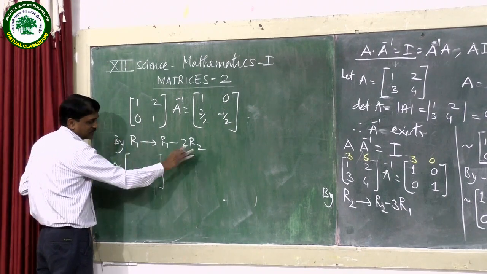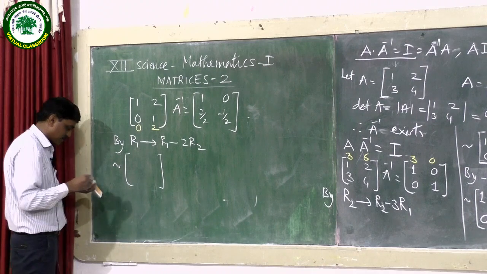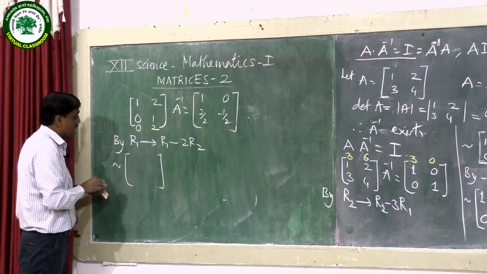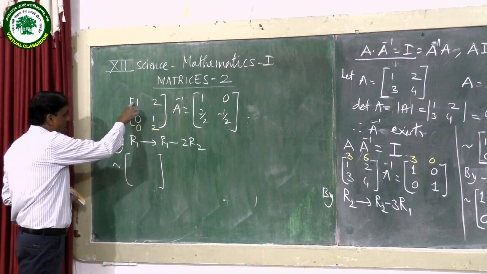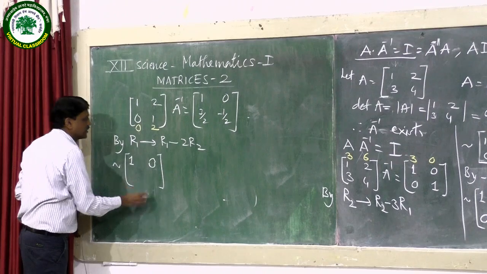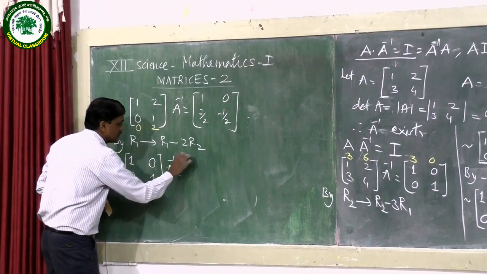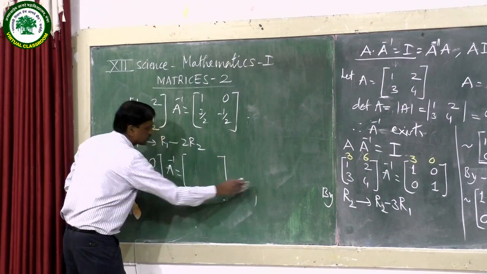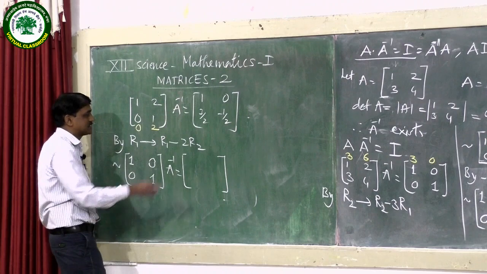See what happens. Multiply the second row by 2: 2 into 0 is 0, 2 into 1 is 2, and subtract these two elements from the first row. So 1 minus 0 is 1, 2 minus 2 is 0, second row as it is, into A inverse is equal to... perform the same transformation on this matrix.